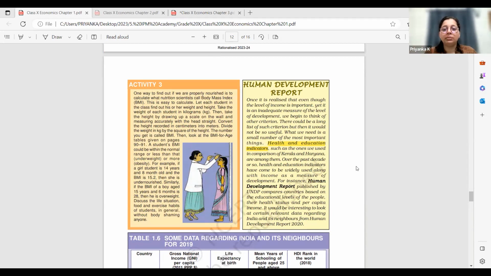The Human Development Report includes health and education indicators also, and UNDP is the authority that prepares it. It is published by UNDP, and it compares countries based on the educational levels of the people, their health status, and the per capita income. So these three indicators have become important in today's world for determining a country and its development.